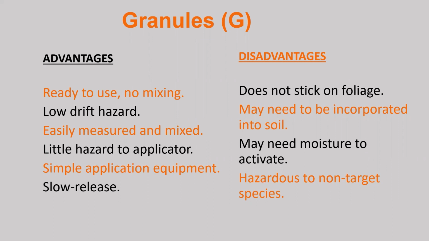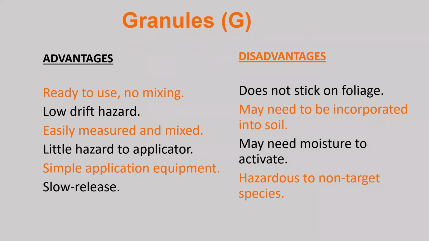There's little hazard to the applicator. Simple application equipment, and granules are for a slow release application. You put them out now and they break down over time, allowing absorption over a longer period.